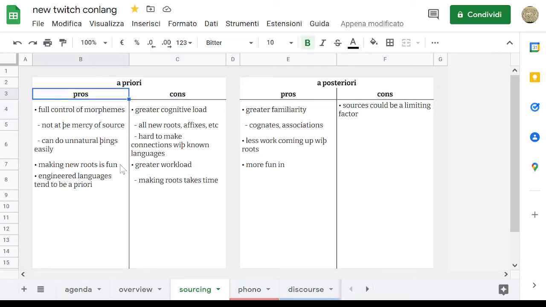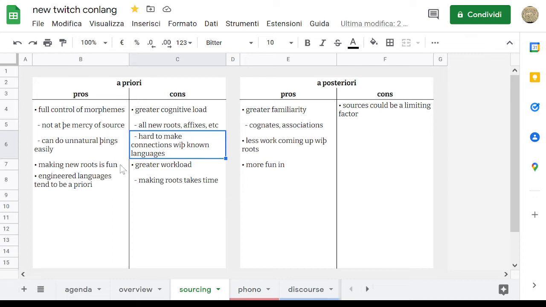If I make the language a priori, it would be a greater cognitive load for me to learn it. And part of the reason for that is that it's all new roots and affixes, etc. There's no connection I can make with known languages. If it's not connected to a language that I speak, I'll have to make new connections with the concept and the sound, or the writing, in the case of the fact that I'm going to be mostly writing this language.